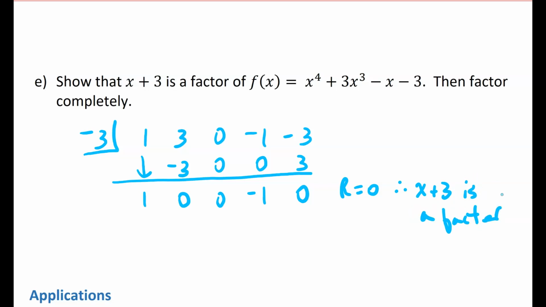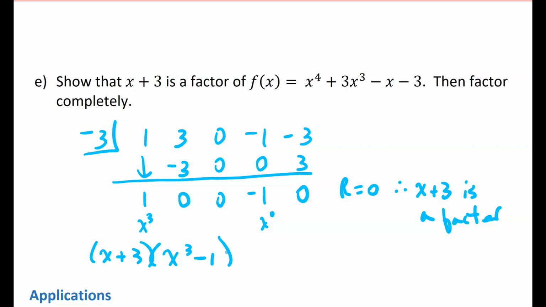And because we chose to do it this way, we already can see what the other factor is. So that's the remainder. This is, remember, the x to the 0 term. That's the first, second. This one is an x cubed term. So right now we are factored into x plus 3 and x cubed minus 1. But is there anything we recognize there?